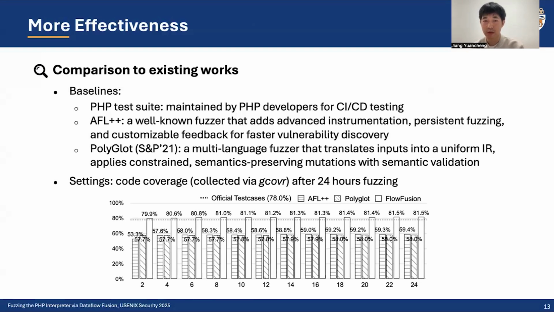Based on the official test suite, we evaluate our FlowFusion tool. We can see that FlowFusion has improved the code coverage by around 3% after 24 hours of fuzzing.